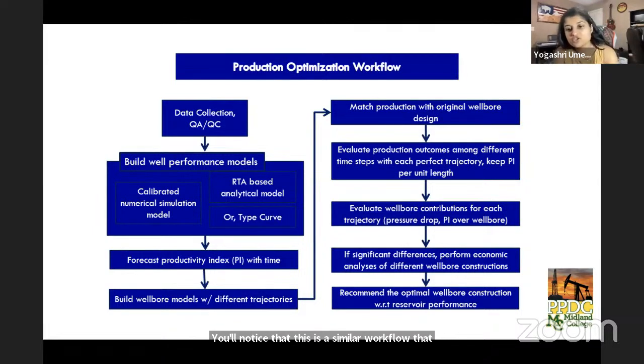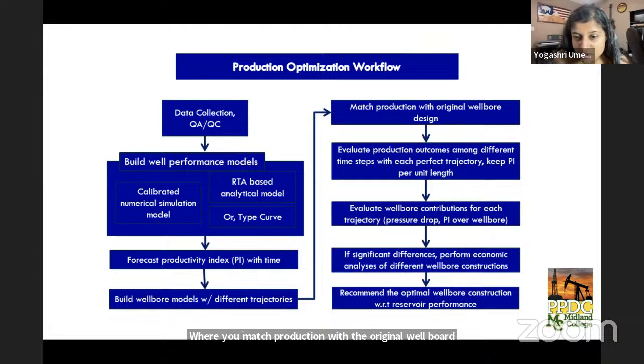I want everyone to pay attention to the left side of the workflow, where you match production with the original wellbore design. You evaluate production outcomes with different time steps for each trajectory, and you keep the same productivity per unit length. Then you evaluate the wellbore contributions for each trajectory.